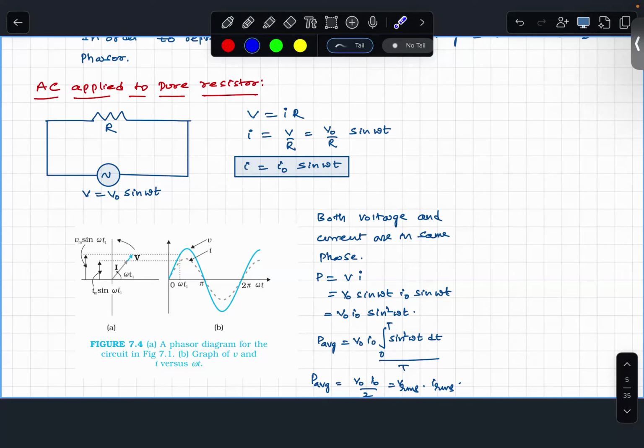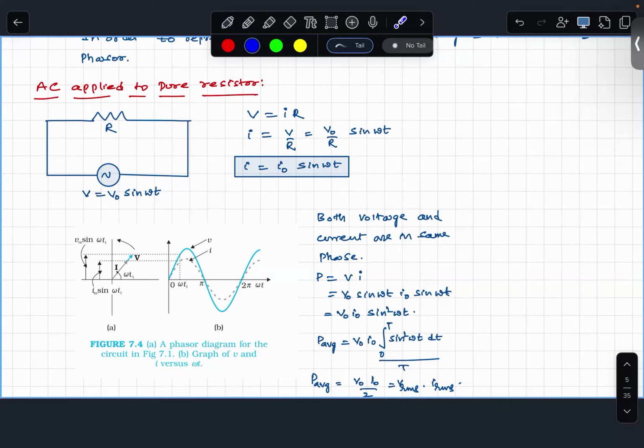Till here, any doubt? Now I am taking a pure resistor. What is the meaning of pure resistance? This loop will not have any inductance. Self-inductance of the loop is 0.